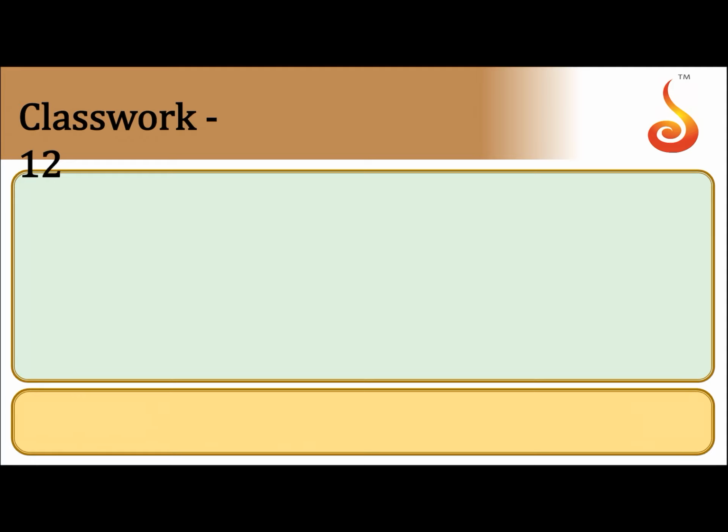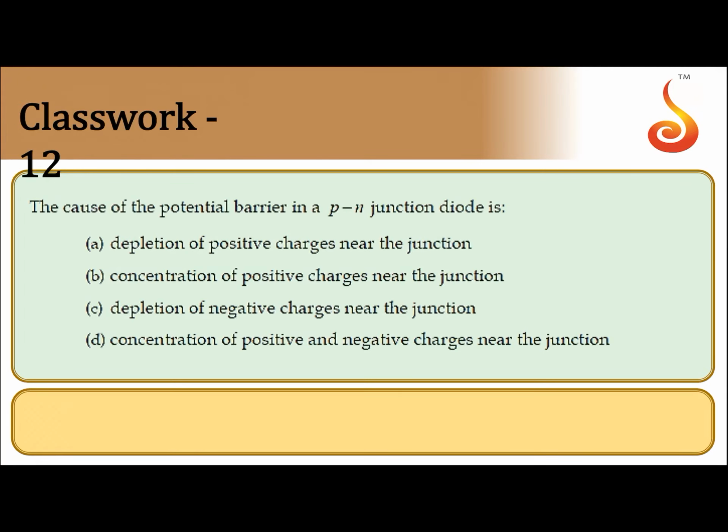Moving further, the cause of potential barrier in a PN junction is depletion of positive charges near the junction, concentration of positive charges near the junction, depletion of negative charges near the junction, concentration of positive and negative charges near the junction.